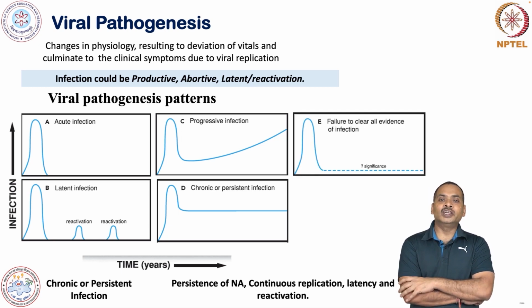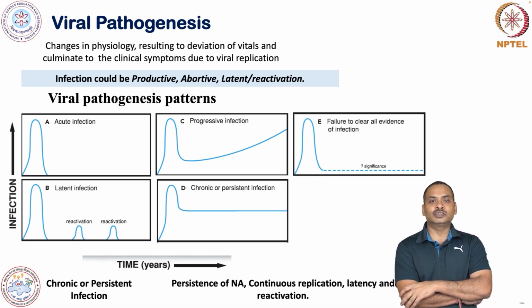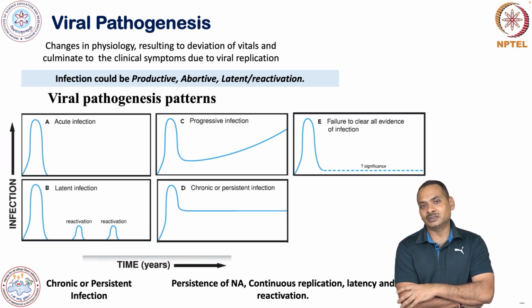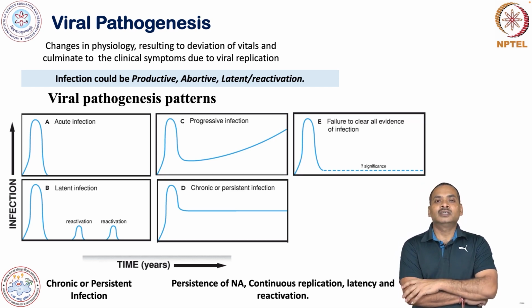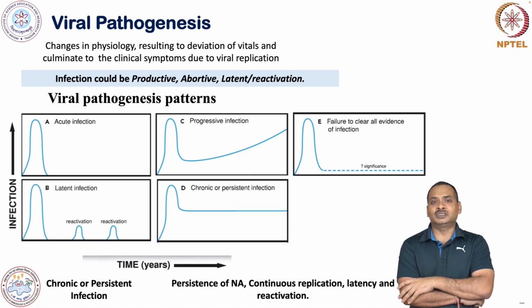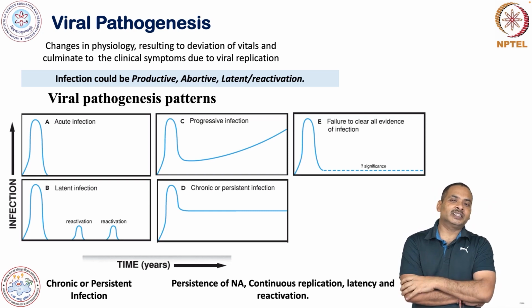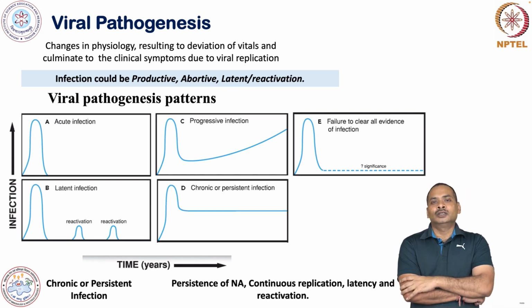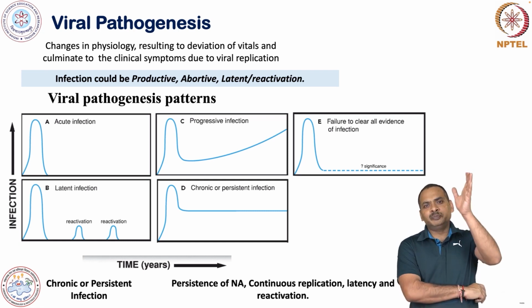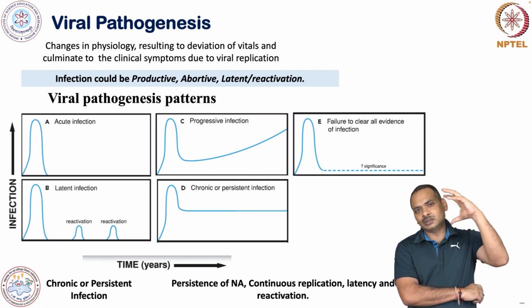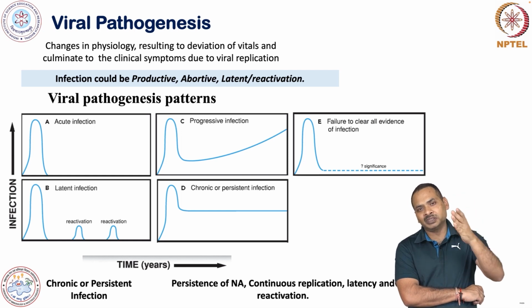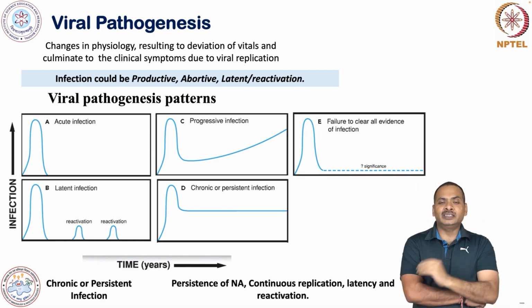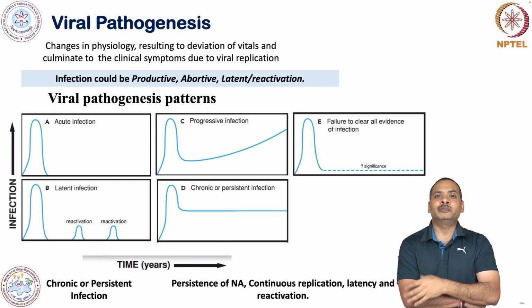There could be a failure to clear all evidence of infection. The virus is sometimes very smart. In some cases they will disappear from the system. For example, the virus is infecting, say, the epithelial lining. After a high peak of infection, they cause severe damage to the epithelial lining, and then they reach the blood, and suddenly they disappear.